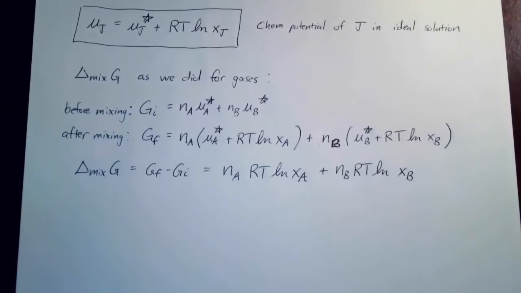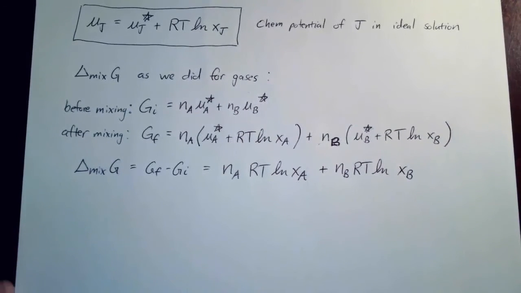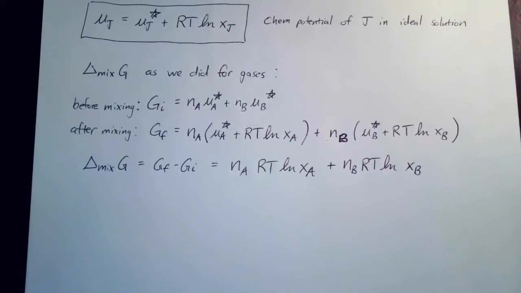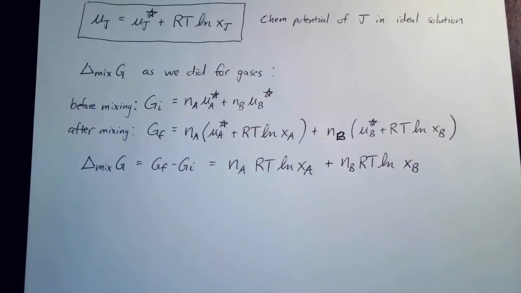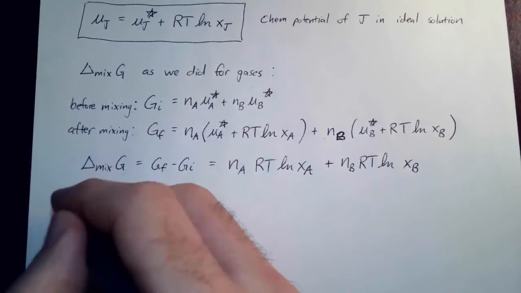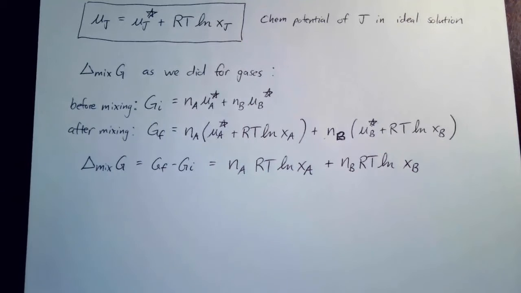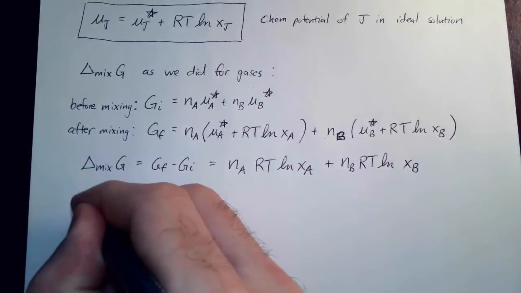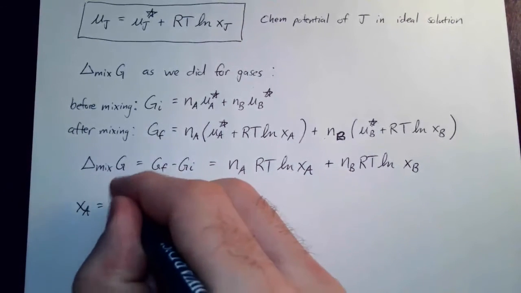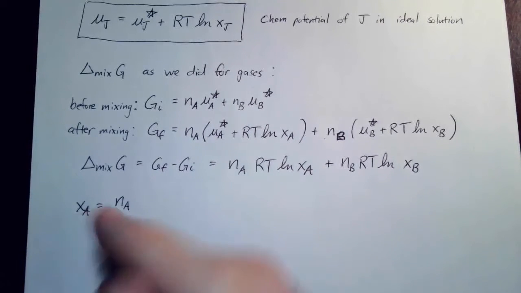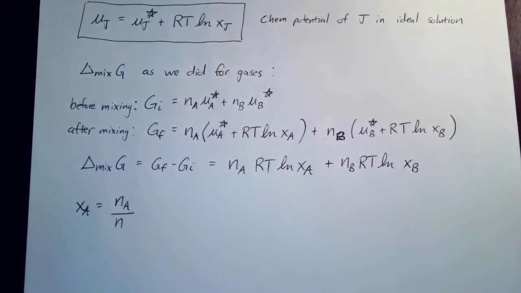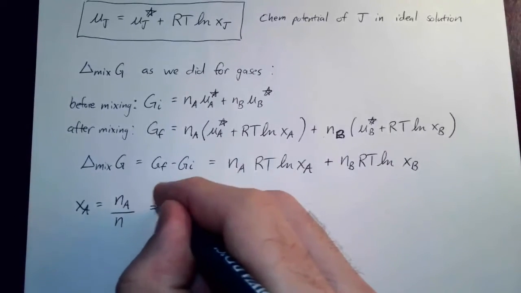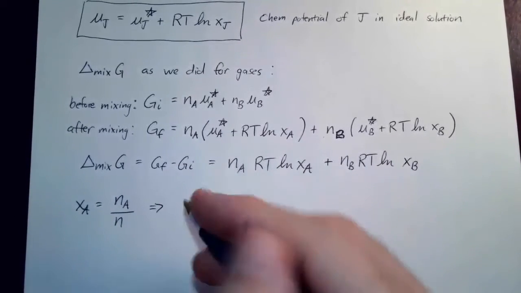Okay. Now I'm going to substitute the mole fraction into this. And remember, mole fraction is defined: the mole fraction of A is the number of moles of A divided by the total number of moles n, which I can rearrange to replace this nA.